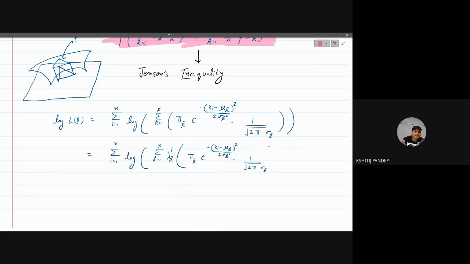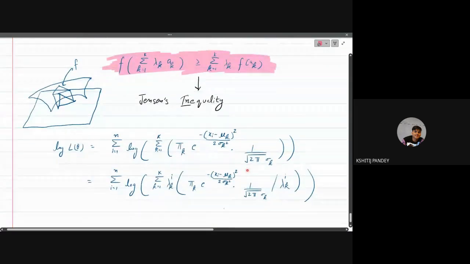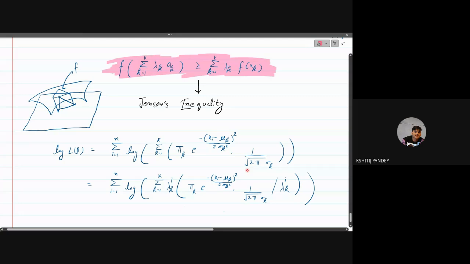And this thing is divided by lambda ki. So we'll divide this entire thing by lambda ki. Now this is of the form of the left hand side of Jensen's inequality.